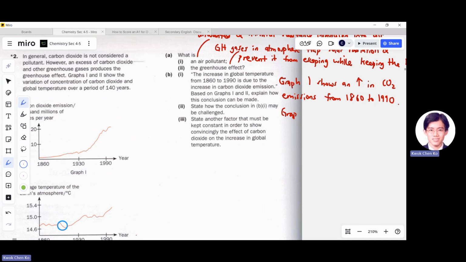Graph 2 also shows a corresponding increase in temperature.